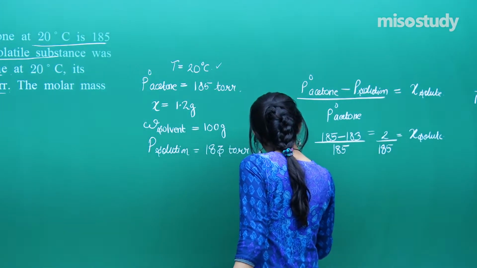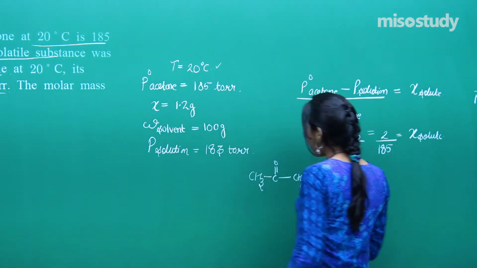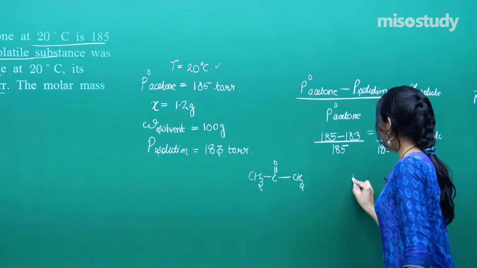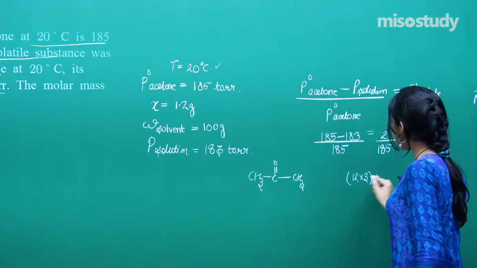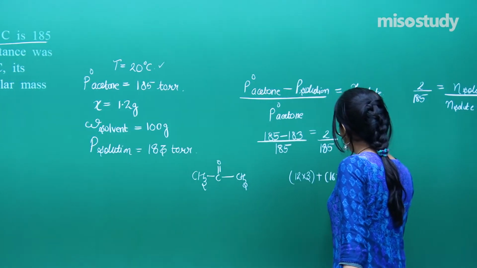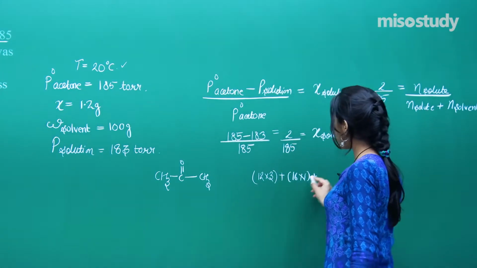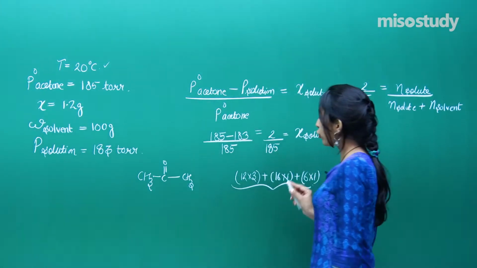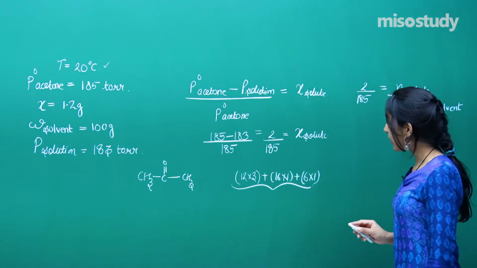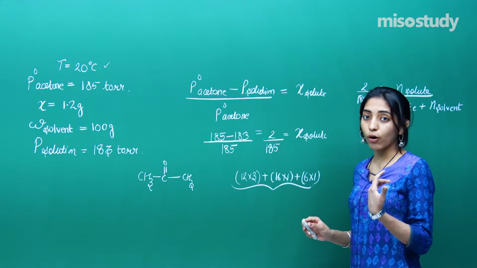The molar mass of acetone will be 12 into 3 because 3 carbons are there, 16 into 1 because 1 oxygen is there, plus 6 hydrogens are there, so 6 into 1. This all will be giving me the molar mass of acetone.